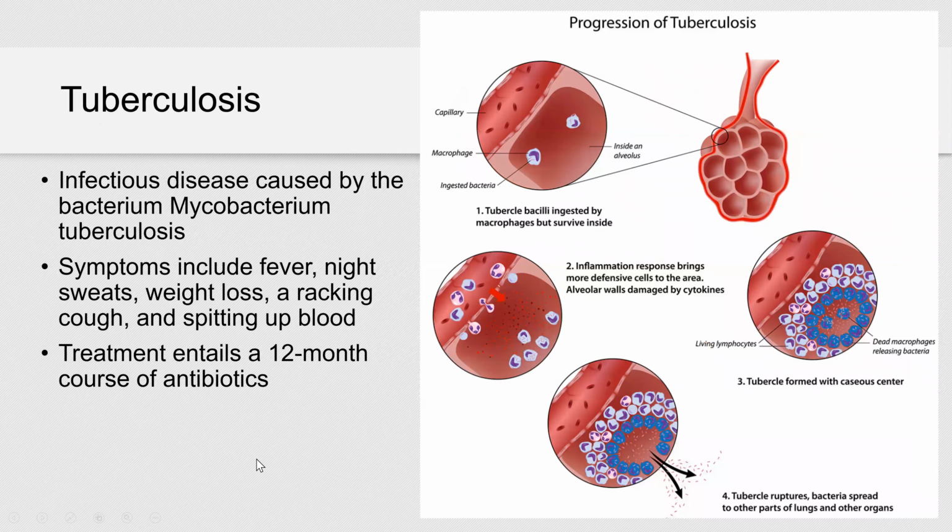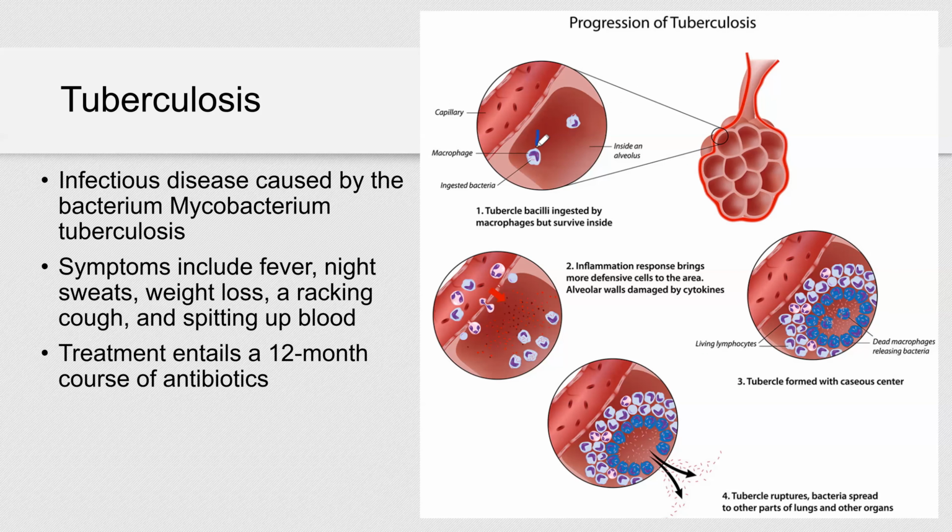Tuberculosis is an infectious disease. It's caused by a bacterium, Mycobacterium tuberculosis, and symptoms include fever, night sweats, weight loss, racking cough, spitting of blood. And what happens when a patient is infected by this bacteria, bacteria enter alveoli, and you remember you have macrophages inside alveoli, and macrophages are trying to do their jobs.